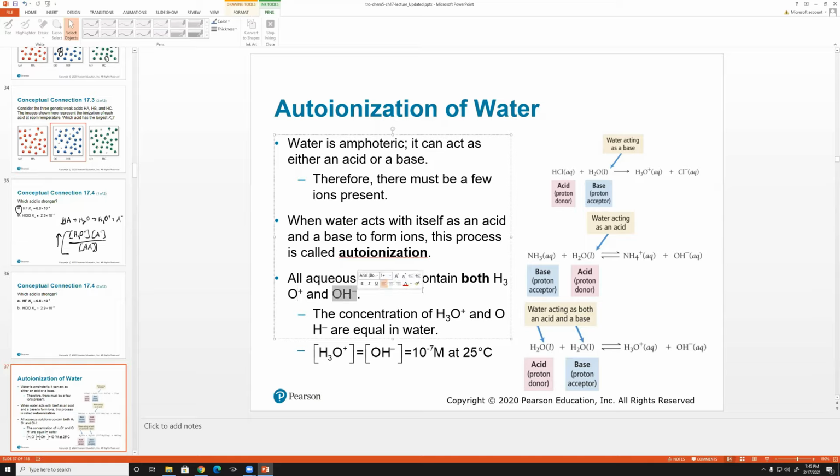That balance of H3O+ to OH minus is what makes the aqueous solution acidic or basic. If it's more towards the H3O+, it's more acidic. If it's more towards the OH minus, it's more basic.